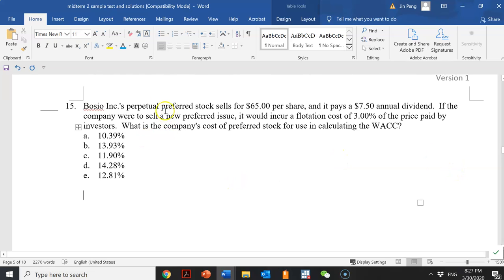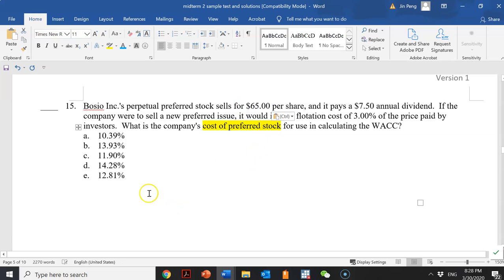So we have perpetual preferred stock that sells for $65 per share. It pays a 7.5 annual dividend. If the company were to sell a new preferred issue, it would incur a flotation cost of 3% of the price paid by investors. What is the company's cost of preferred stock for use in calculating the WACC? So we're solving for RP, cost of preferred stock. And we know the current price, P0, as 65.